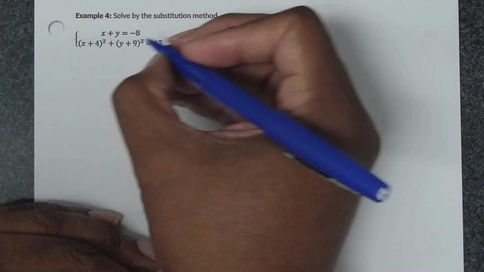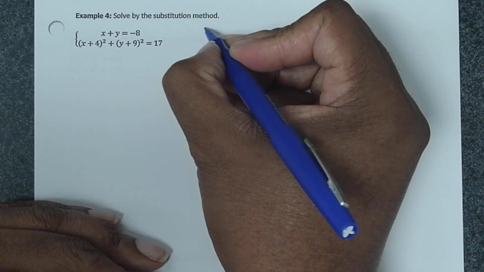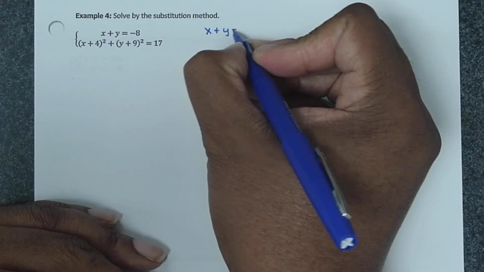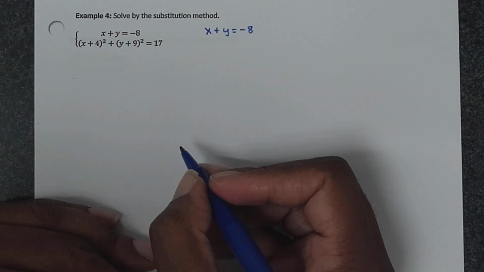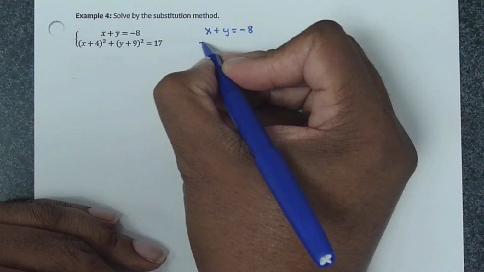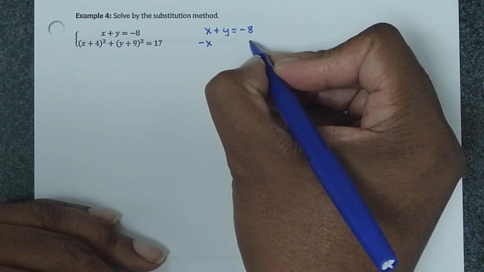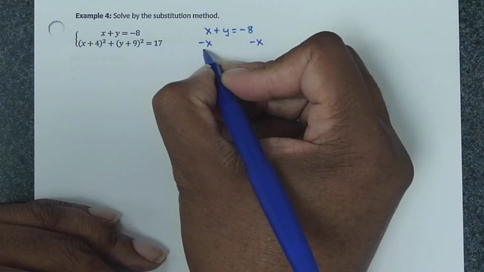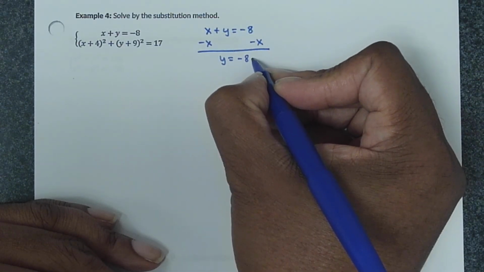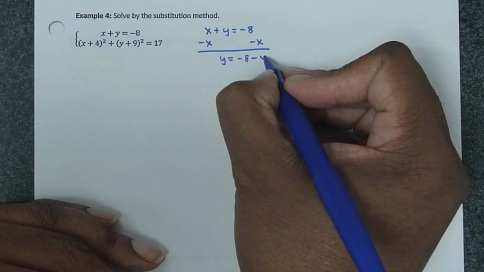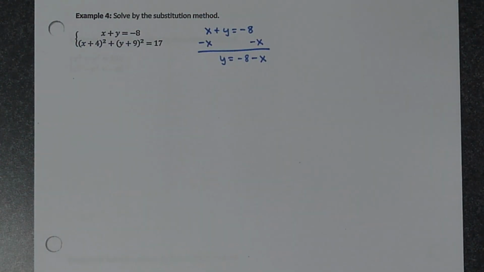So in this case here, let's deal with the x plus y is equal to -8. And I'm going to go ahead and get y by itself by subtracting x on both sides. So that means I'm going to have y is equal to -8 minus x.